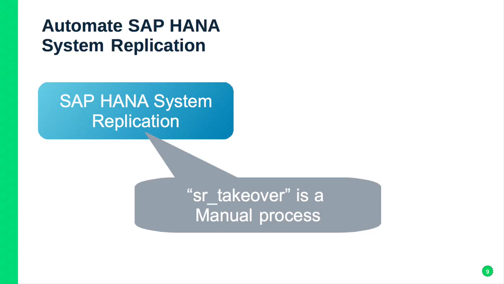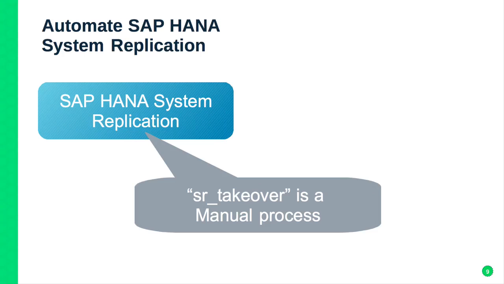The drawback on this HANA system replication is that the takeover is a manual process where the administrator needs to know the commands and needs to be there right in time. Think about if it's 3 at night, it maybe takes a while until an administrator is available. So it could hit your service level agreements.